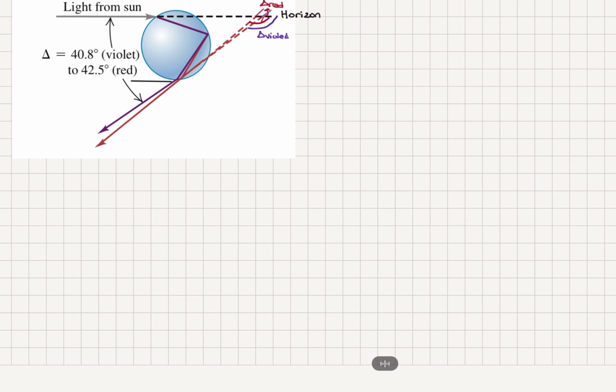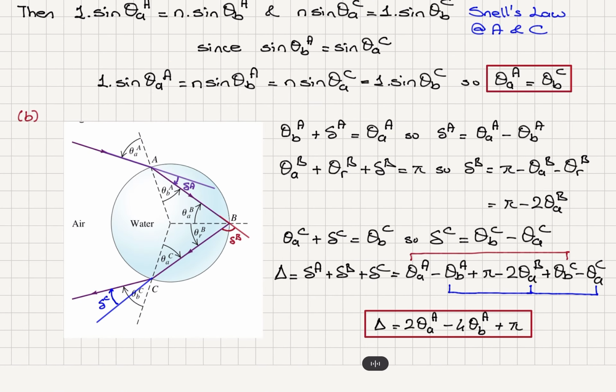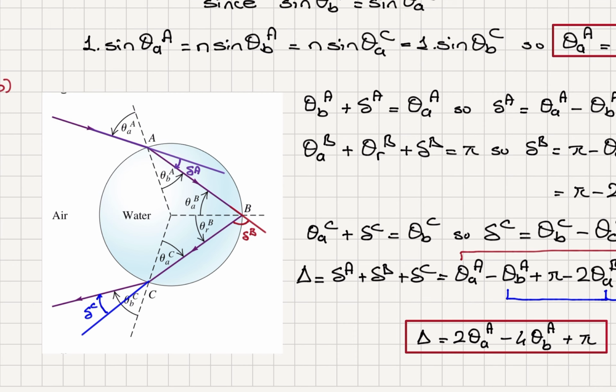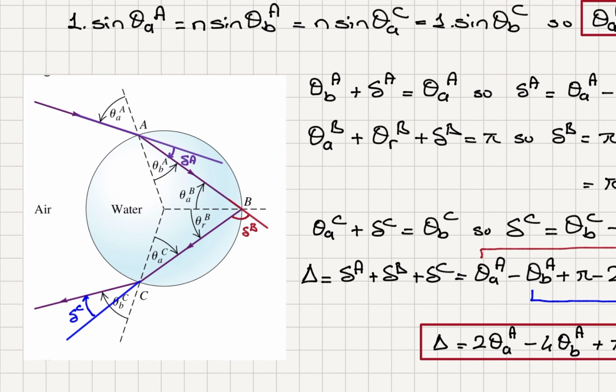So if we go to the previous problem, we see that this is the deviation and it is the angle of refraction at that point minus the angle of incidence.